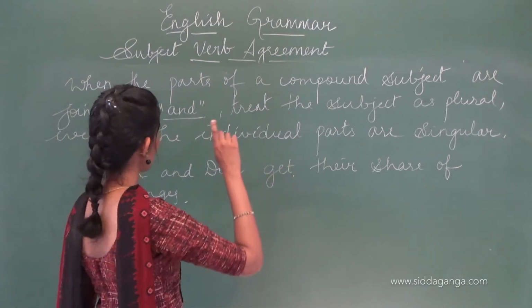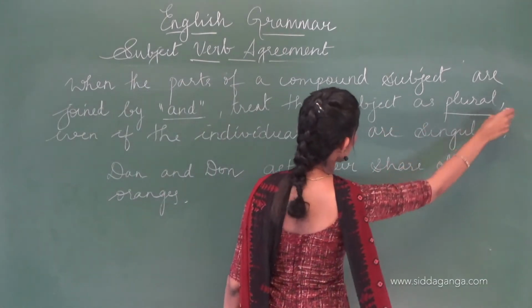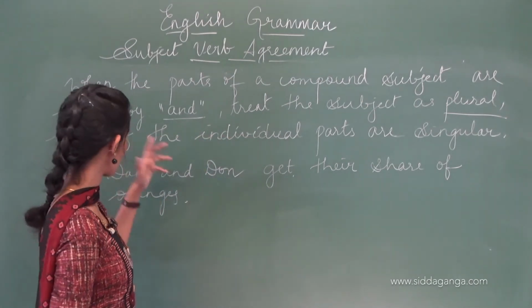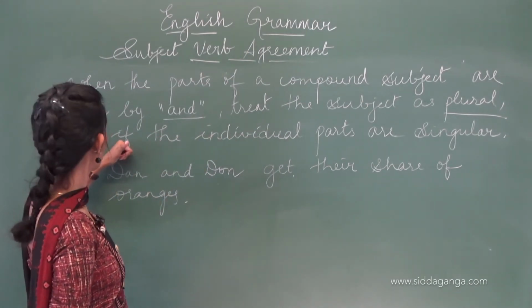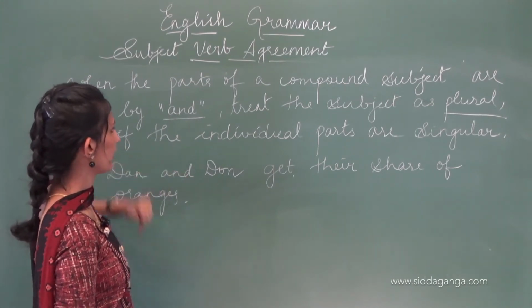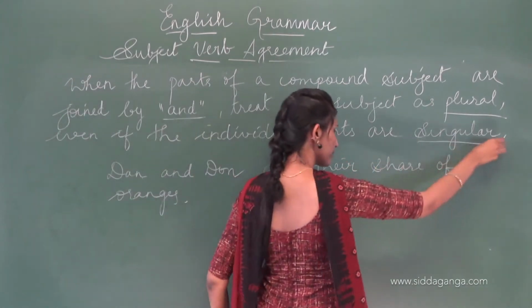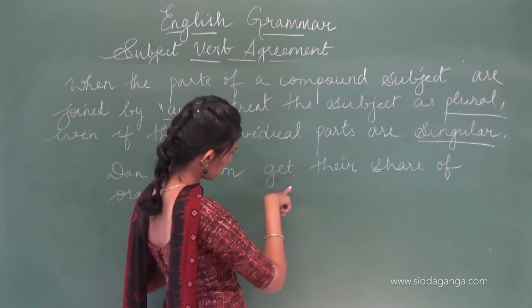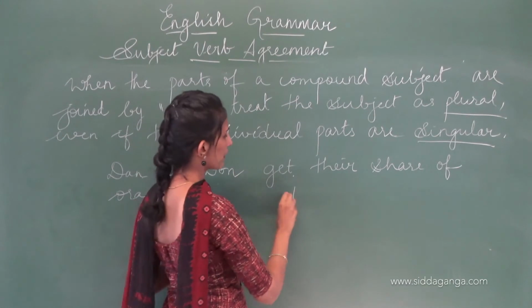Now, treat the subject as plural, okay. Now you get it, I'm sorry, forget what I told you just now, but understand this properly now. Treat the subject as plural even if the individual parts are singular. Yes, you're right. That's why plural, you plus s.